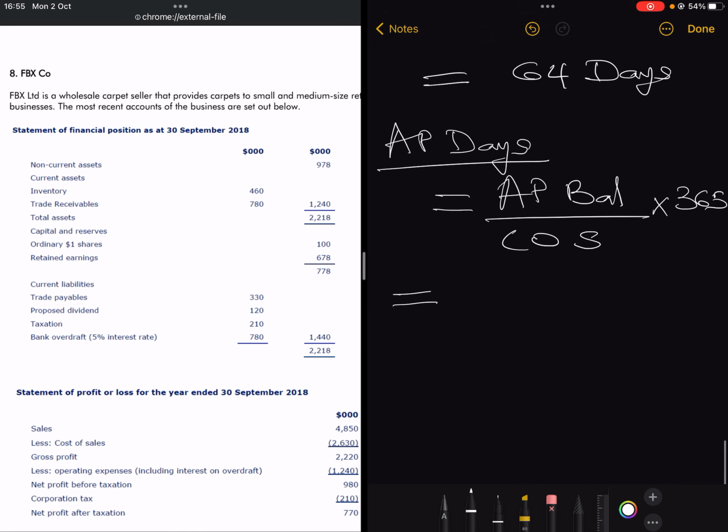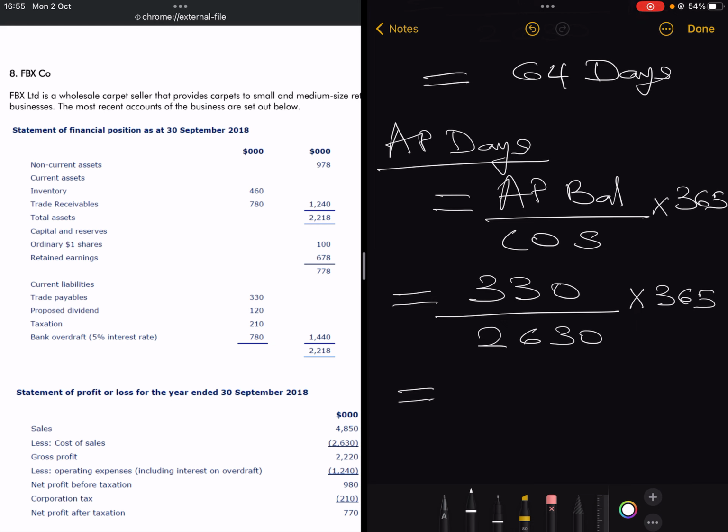Looking at the statement of financial position, our AP is 330 and the cost of sales remains 2630 multiplied by 365 days, and that equals 46 days.